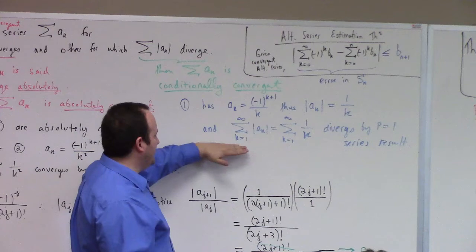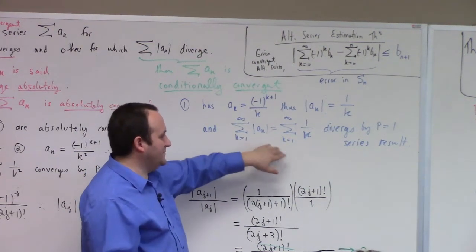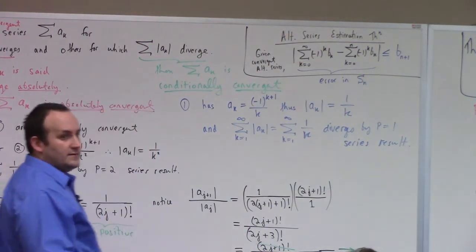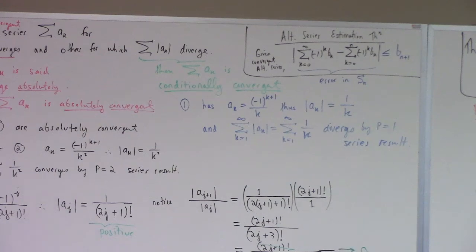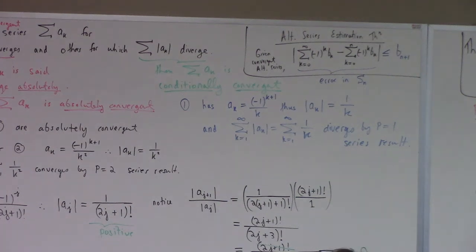And so we have that the absolute value of a sub k is in fact the p equals 1 series, which diverges. So that makes the alternating harmonic series the quintessential example of a conditionally convergent series. It's my go-to example of a conditionally convergent series. So the alternating harmonic series converges, but just barely.